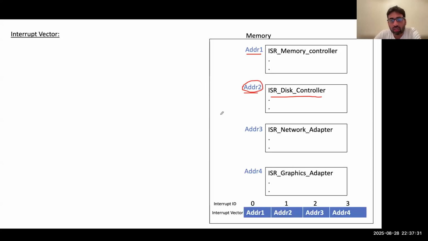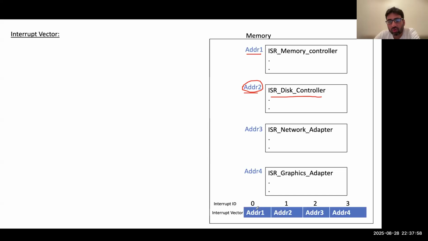Then what we do is that in the memory we can maintain a vector or an array in such a way that in each array element we store the starting address of one particular ISR. For example, here we have starting address 1, which is the starting address of the ISR for the memory controller, then address 2, which is the starting address of the ISR for the disk controller, and so on, right?